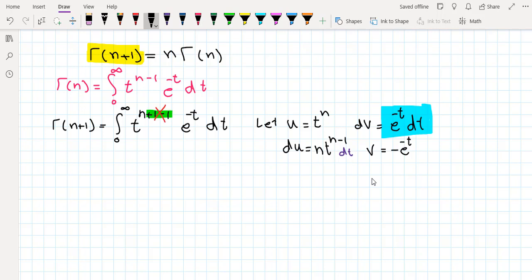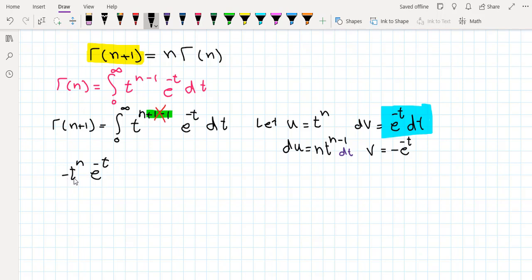Now we apply the rule of UDV, then we will have uv, so it's t to the power of n, times v, negative e to the power of negative t.